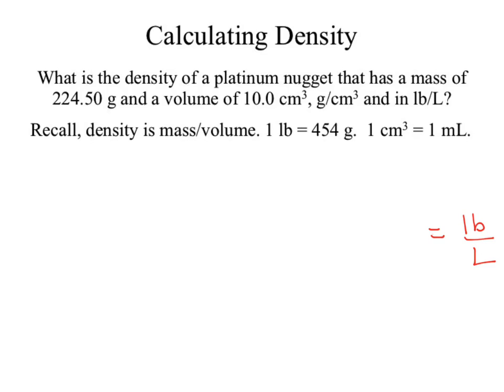I would argue dealing with 1 pound equals 454 grams is probably a better place to start. Why is that a better place to start? Right there isn't a bad answer, except I could just as easily say 224.50 grams is right there too. Still not quite right. What am I trying to get to? Pounds, right? I want pounds in the numerator.